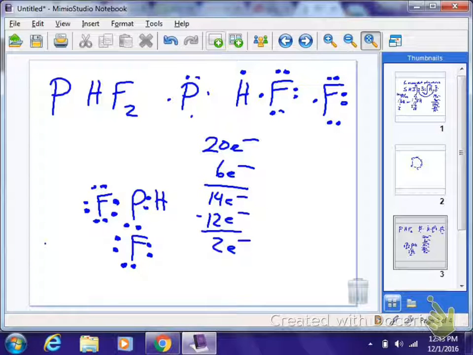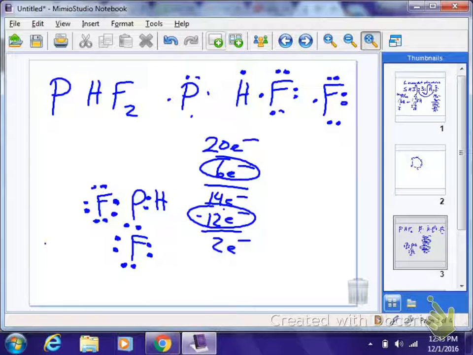Okay, so I haven't finished all of 5, but 4 was to place your pairs in between, and that added up to be 6 electrons. Then we subtracted that out, and we had 14 left, so we went around the outside of each of the branched atoms. That was a total of 6 and 6, which is 12 electrons.